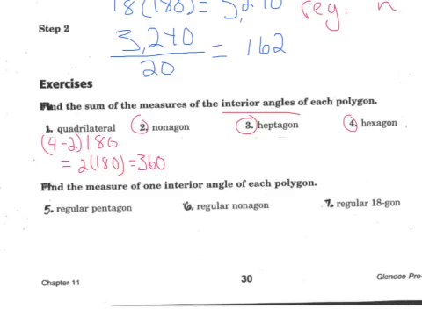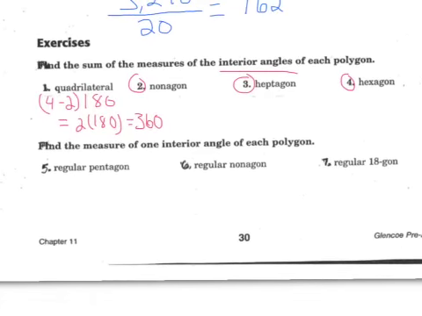With 5, they're asking us to find the measure of one interior angle for each of the polygons. So now we know it's a regular pentagon, so each of the angles are the same measurement. They're all congruent. So we can use our formula that we talked about earlier.